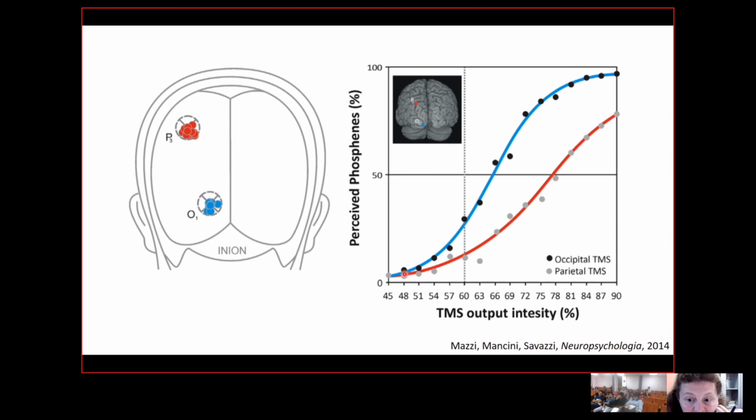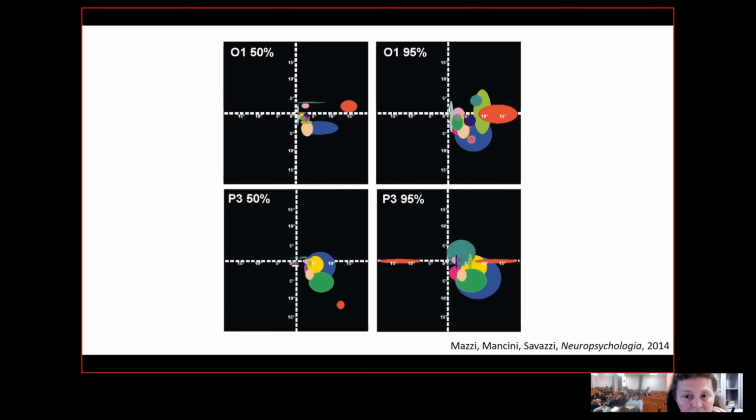If you stimulate here, you need a higher intensity to obtain the same proportion of yes responses. And here you can also see that each color represents a participant, not the color seen by the participants. So you see, for instance, that this seems to be bigger than this. They also increase by increasing the intensity, but they are different from one side to the other, occipital and parietal.